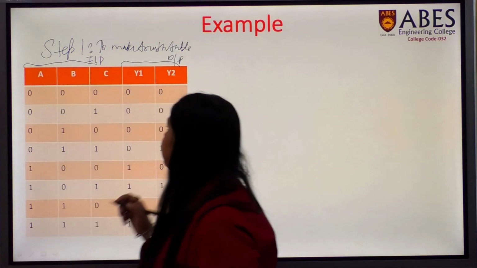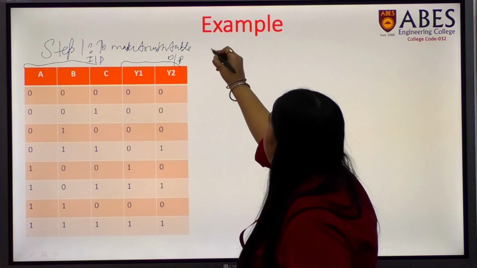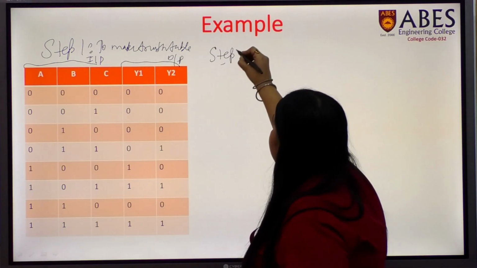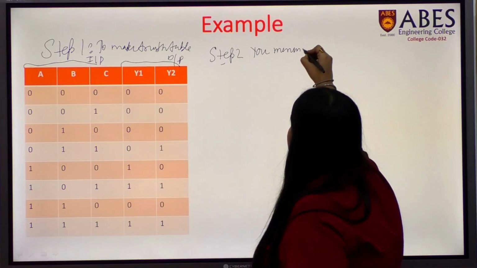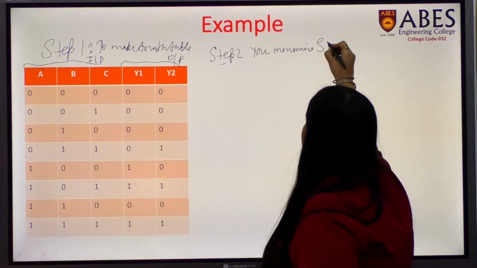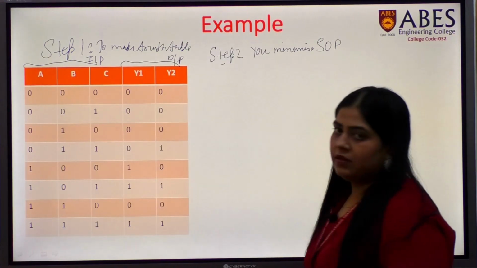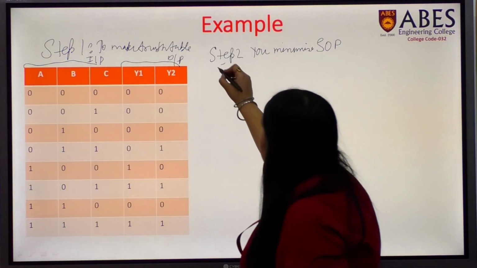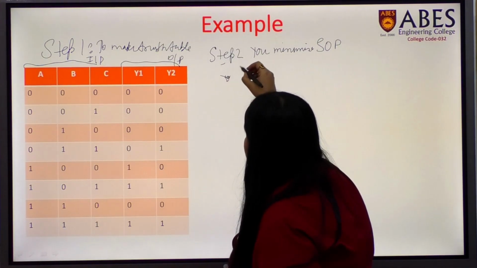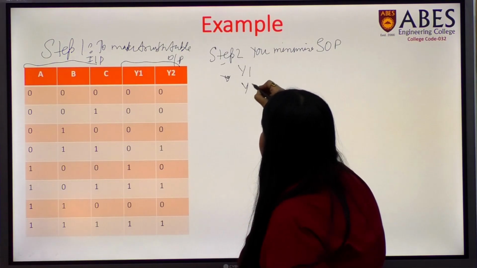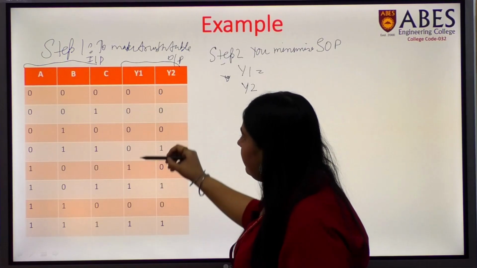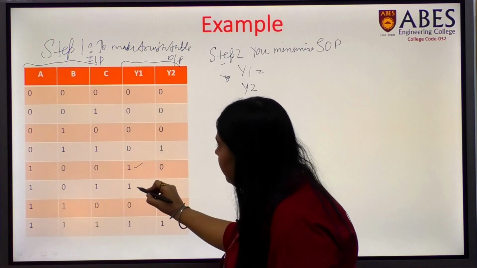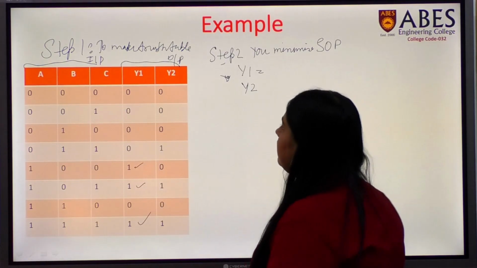After making the truth table, in step 2, you have to minimize the SOP. SOP is sum of product. There are two output functions, Y1 and Y2. You have to see where Y1 is 1. Y1 is 1 here, here and here.